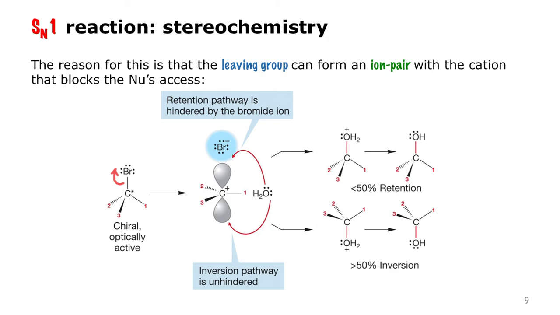So the result is that in a collection of molecules, we get more water addition to the bottom face of this structure and less water addition to the top because of the impediment of the bromide ion. And the result is we get more inversion of configuration and less retention of configuration because of the intermediate ion pair. For all intents and purposes, the ion pair is a chiral structure, and this is adding to the less hindered side.